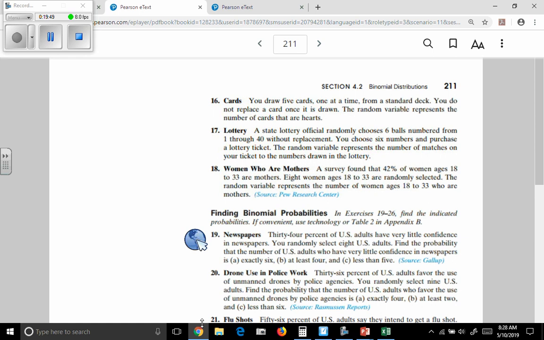Since we're doing it out of a large population, while we would not necessarily want to pick the same person more than once, we're assuming a constant probability of success of 42% each time. So in this case, we would consider this binomial because our probability of success is not changing from one trial to the next.